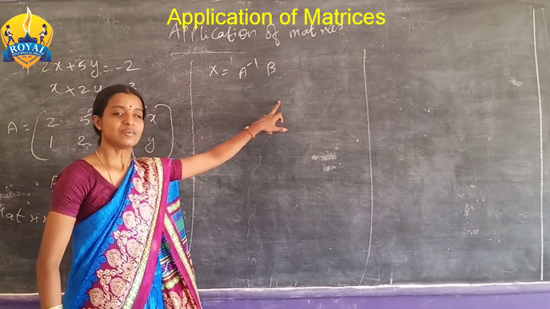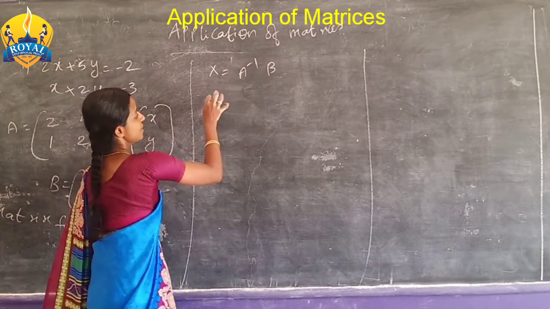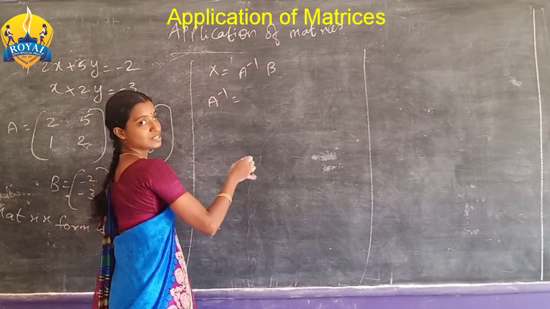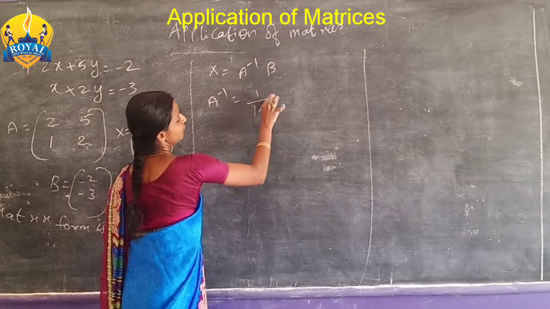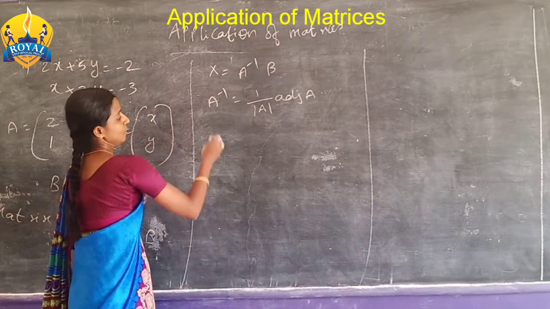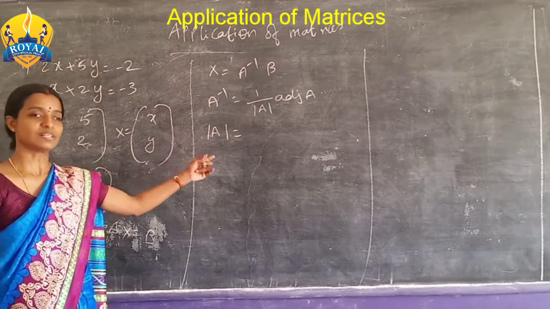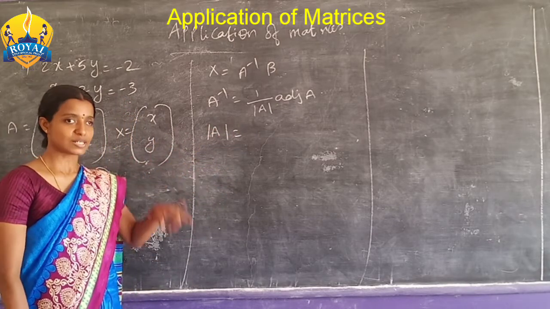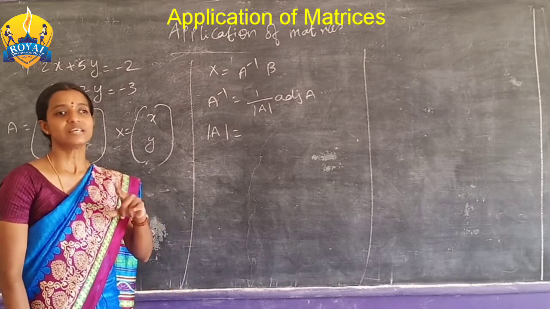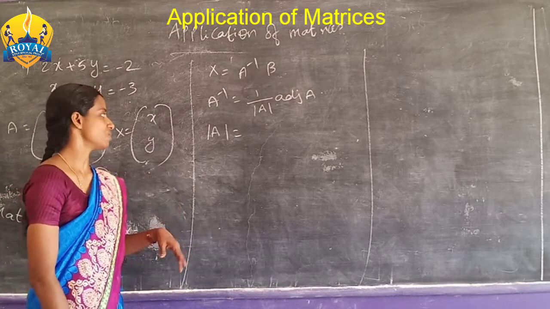We have already learned A inverse in our first exercise itself. So what is A inverse? A inverse is 1 by determinant of A into adjoint A. Now what is determinant of A? First we have to check whether A is non-singular. Only then does A inverse exist. Otherwise we don't have a solution for the given equations.